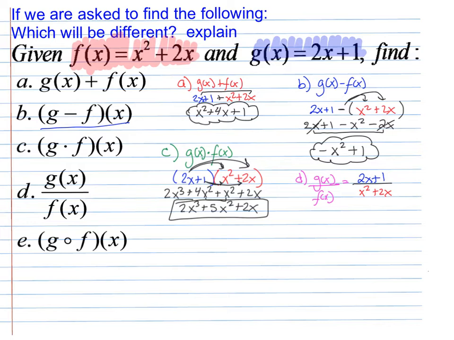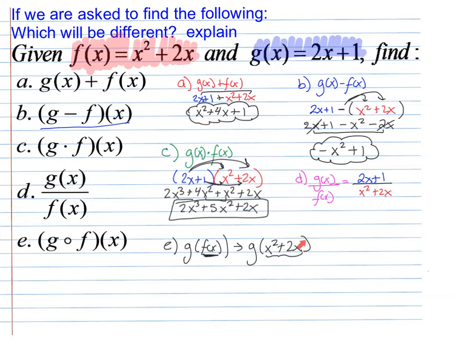And lastly, we have E, which is g composed of f of x. For this function, you are basically saying my f of x function is x squared plus 2x, so now I have g of x squared plus 2x, because now my f of x function is my new x. Wherever I see an x in the g function, this is what you're going to substitute.